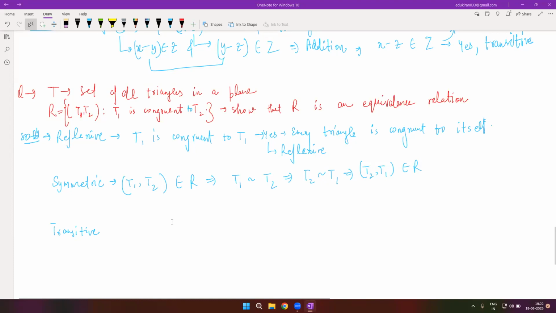So T1 comma T2 belongs to R, then T2 comma T1 also belongs to R. Austin, did you get it?